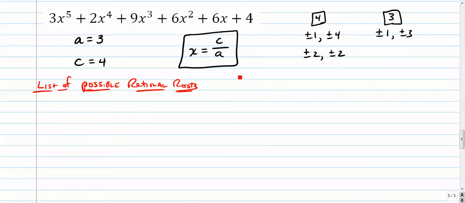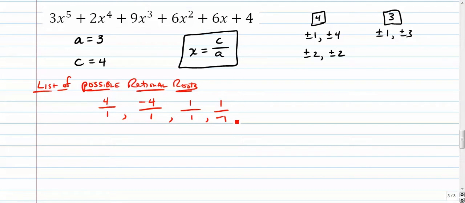So here we go. Let's start with 4 and 1. We'll do the positive and the negative. So that's positive 4 over 1, negative 4 over 1. I'm not going to write the redundancies again. 1 and 1. So that's 1 over 1, 1 over negative 1. And let's keep going here.